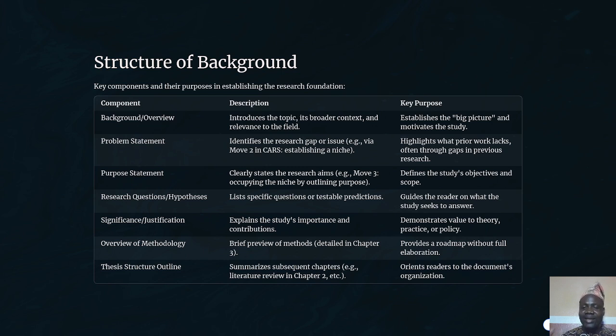This guides the reader on what the study seeks to answer. The variables will be clear. Then we have the justification or significance, and this is to explain the contribution and importance of the study, the value of that study to existing theory, existing practice, existing policy.